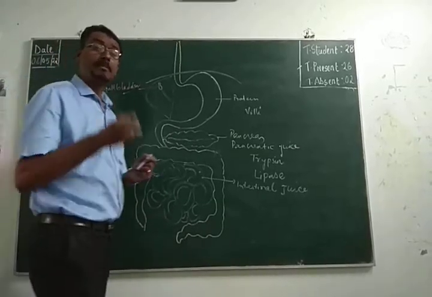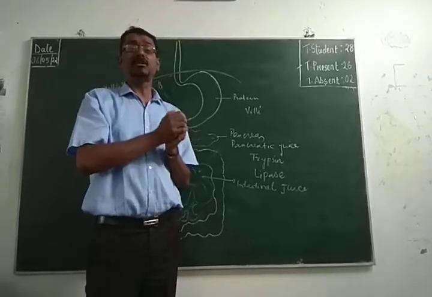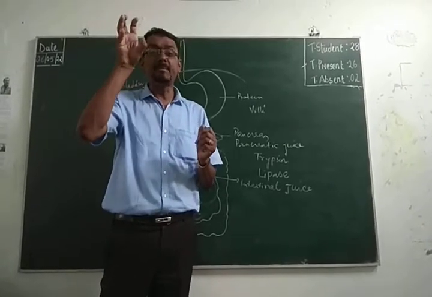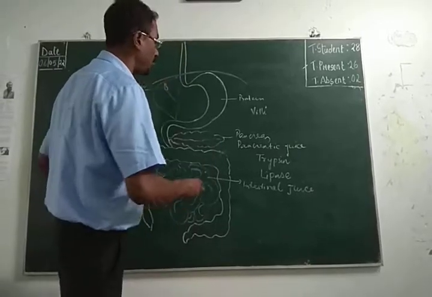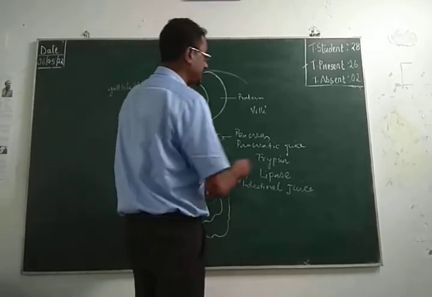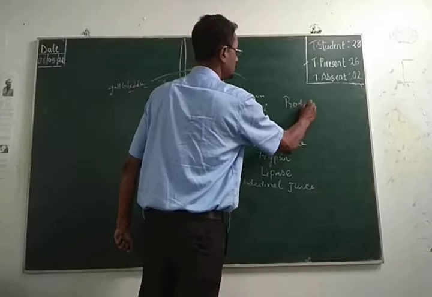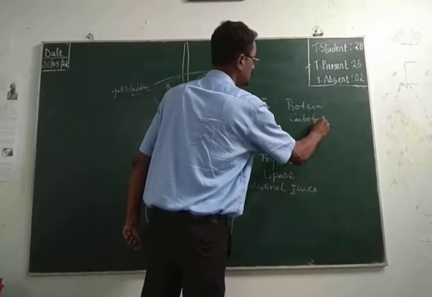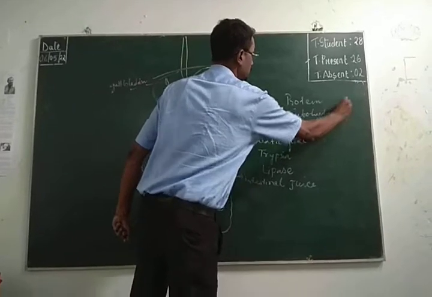Now students, you have to keep in mind another thing related to the small intestine. That small intestine is the ultimate site for the digestion of most complex food material. That is the protein, carbohydrate, fats.